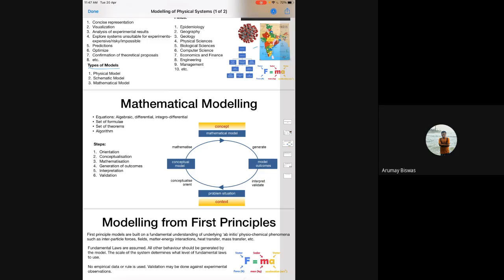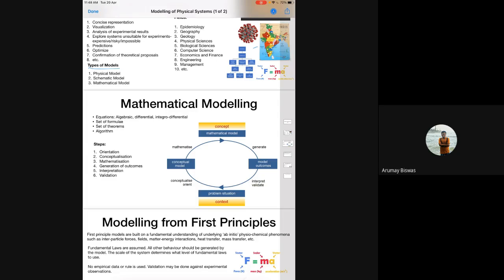Sometimes the validation is simply self-consistency. So you might use your model outcomes and feed it again into your mathematical model and see if your solution remains consistent. Now everything that I am saying, of course, seems vague because you don't have a concrete example in your hand.